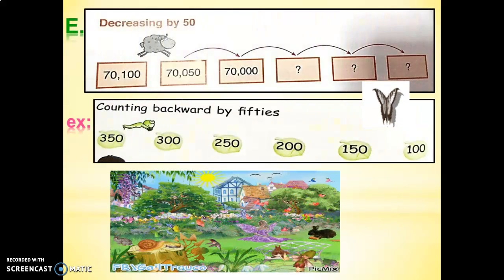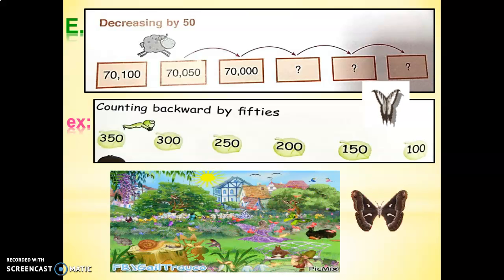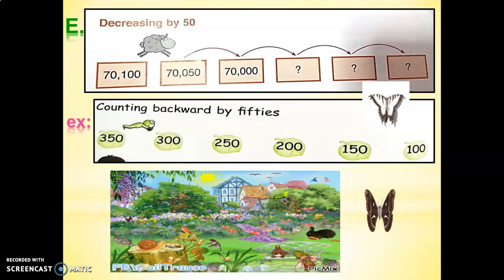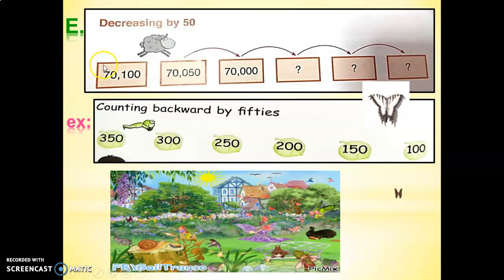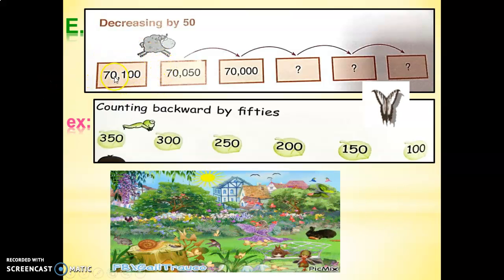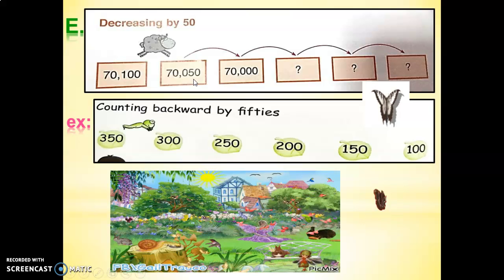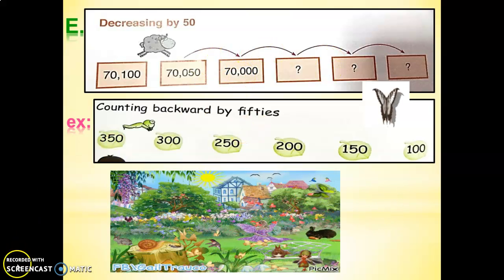Let's see the next part of our lesson. For the last part of our lesson, we have the number pattern decreasing by 50. This is the same as saying counting backward by 50s. For our example, starting from 70,100, we get 70,050 for minus 50, and then minus 50 again will give us 70,000.